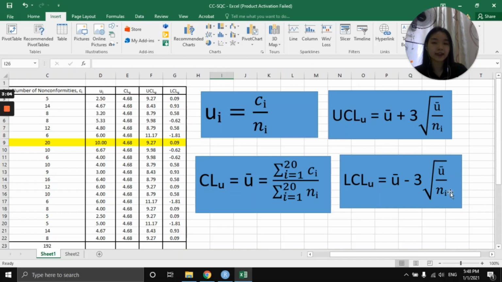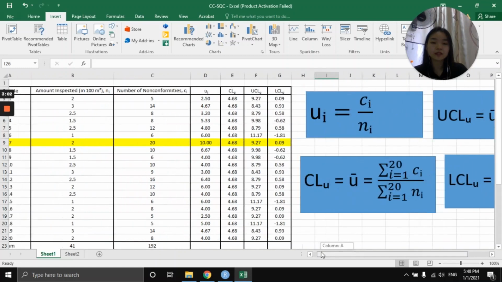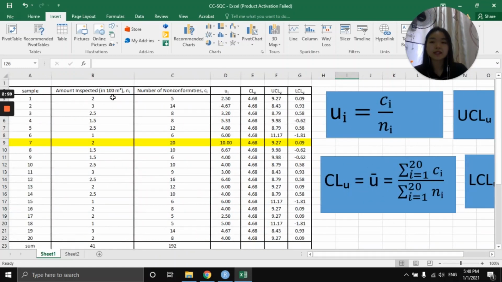Since in this question the sample size Ni is different in each subgroup, we need to calculate the UCLU and the LCLU one by one, and these two will get different values.